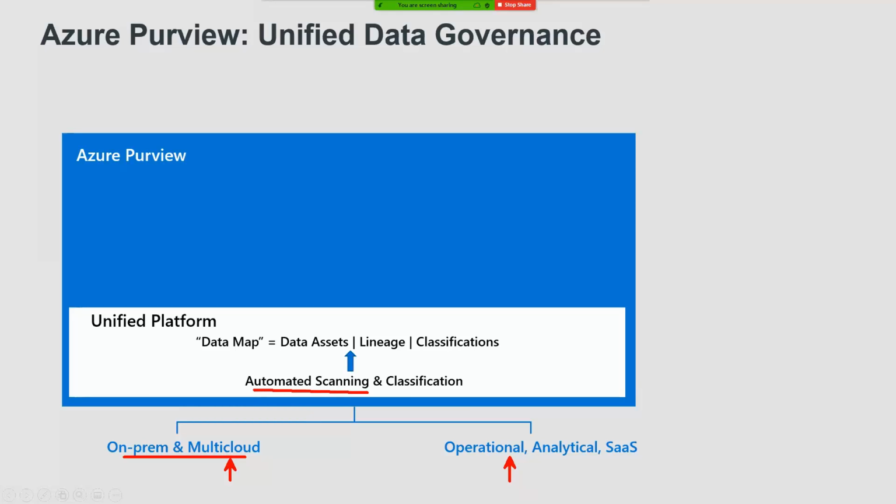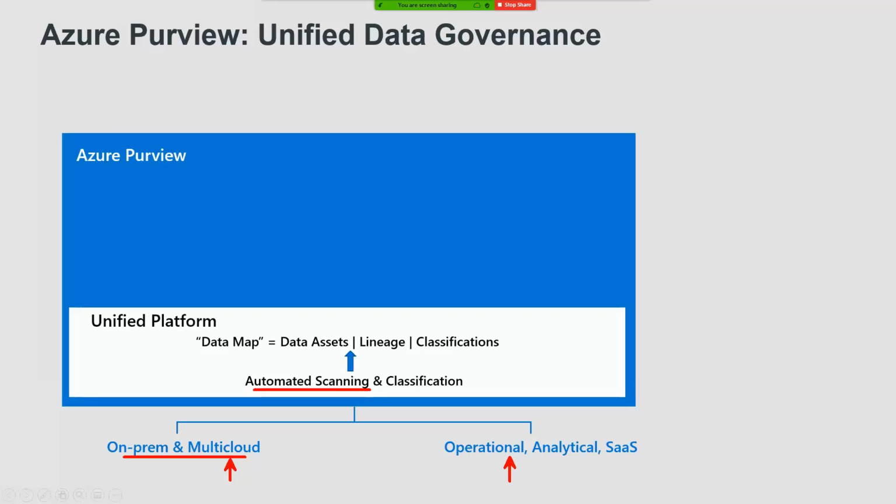And what Purview gives us is a mechanism of automated scanning. We will see it in the demo. We define the data sources, and we can define scan definitions. Those scan definitions connect to the data source. At first, they do the technical inventory: grab the list of schemas in a database, the list of tables, the list of columns of those tables.